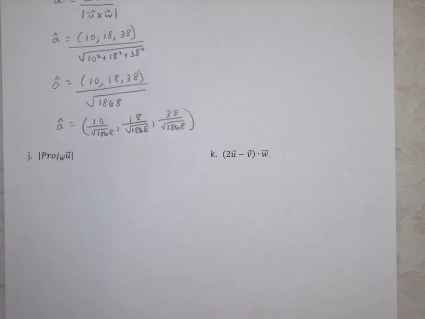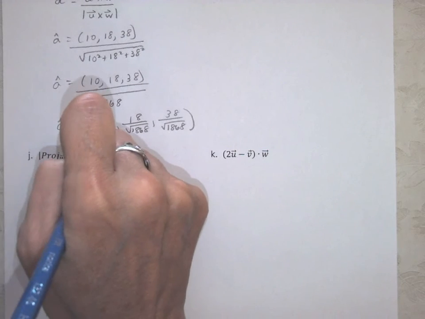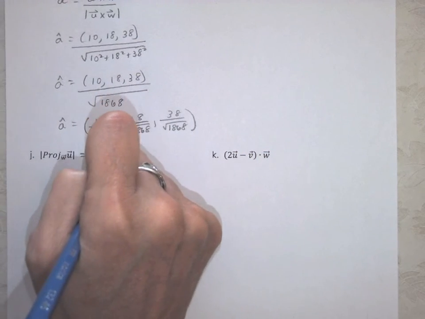J wants the magnitude of the projection of u onto w. So that's the magnitude of u dot w over the magnitude of vector w.